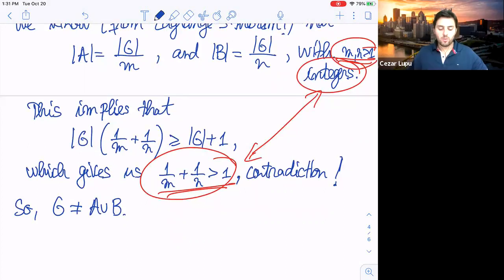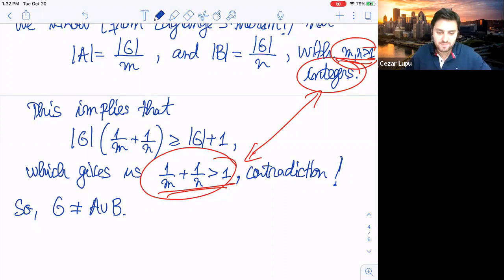And now let's see what you think about the second part. Do you think it's true? Can G be the union of 3 subgroups? What do you think? If not, then you have to prove it. If you think it is, give me an example.